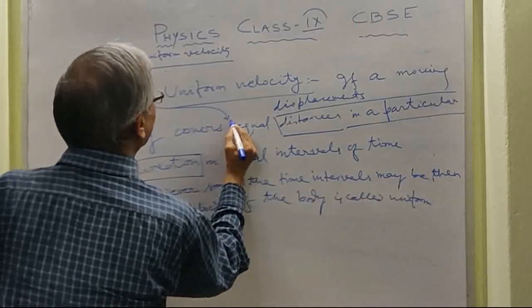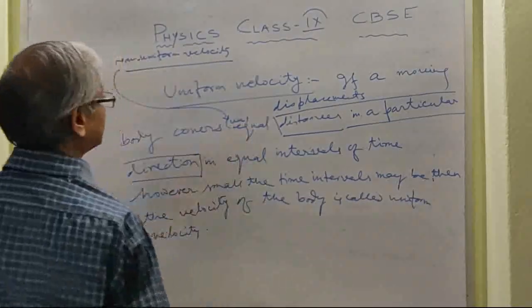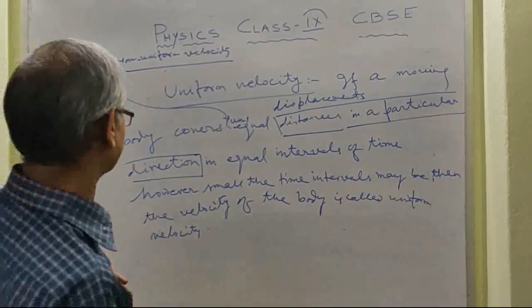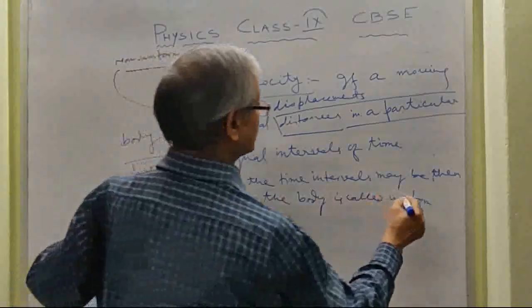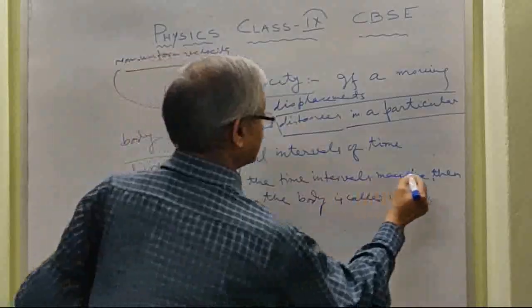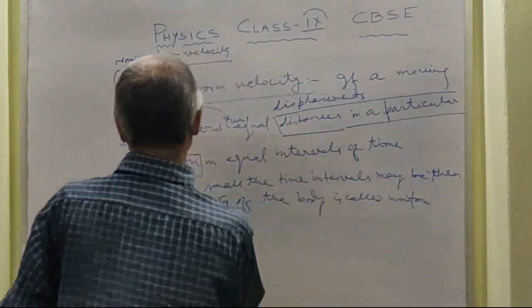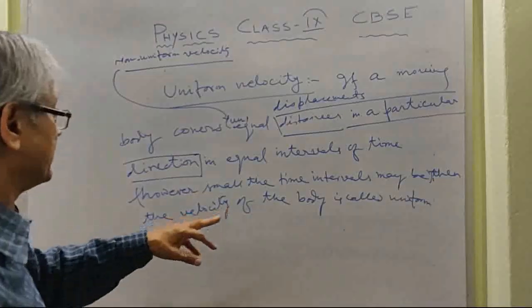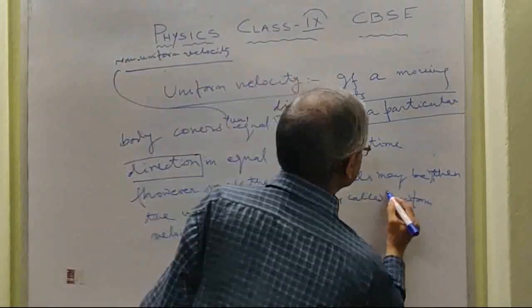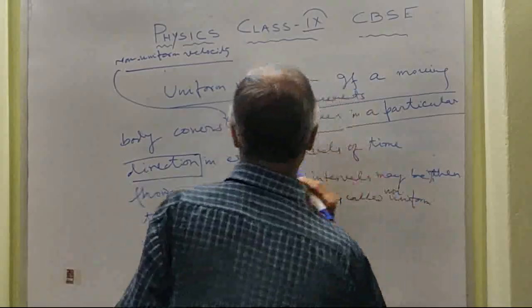Unequal distances in equal intervals of time. Then the velocity of the body is called not uniform, that is, non-uniform.